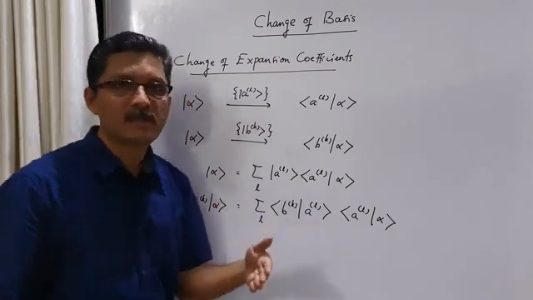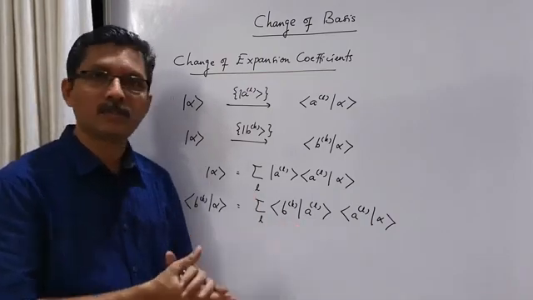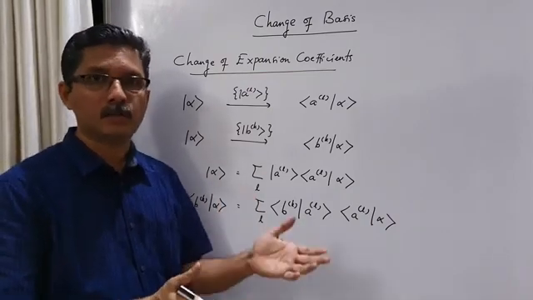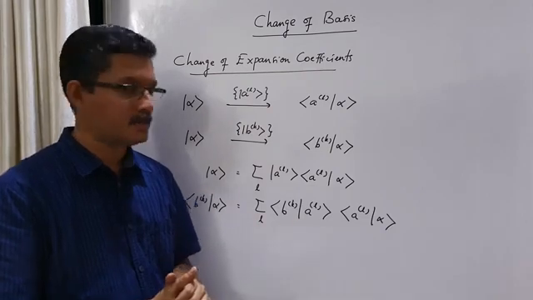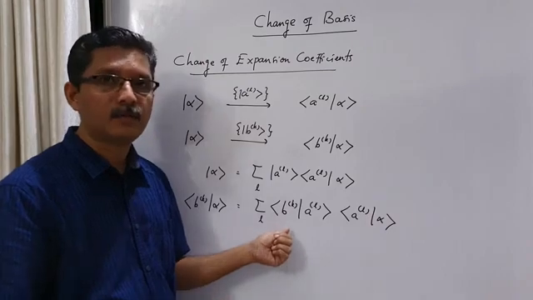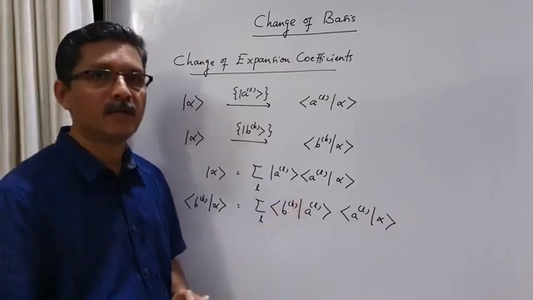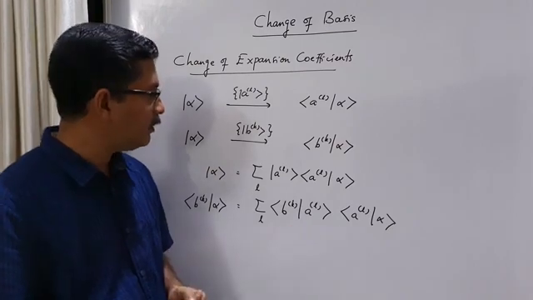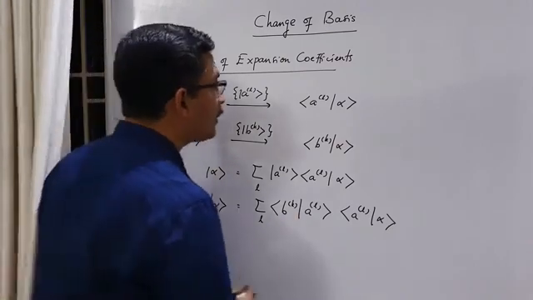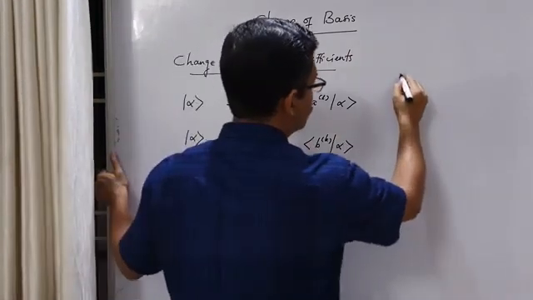In the previous class, we discussed the matrix element of the unitary operator U as well as U dagger that produces the change of basis. And you can identify this as the matrix element of U dagger. How do we get this?